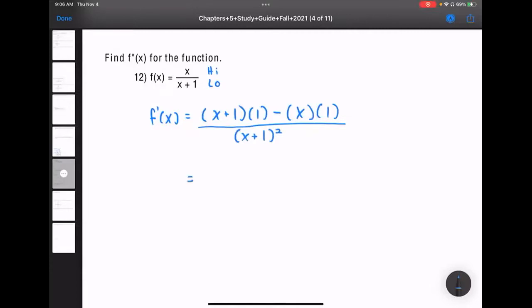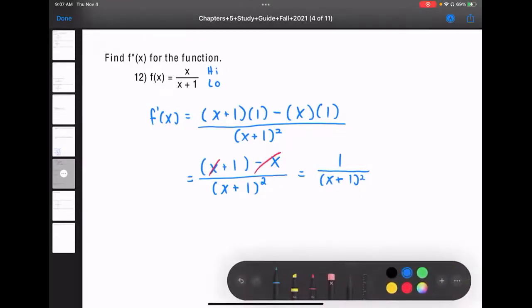Okay, I'm going to simplify that. So that's x plus 1, and this is minus just an x. And we'll see that this simplifies further to 1 over (x plus 1) squared, because the x's here cancel out, positive and negative.